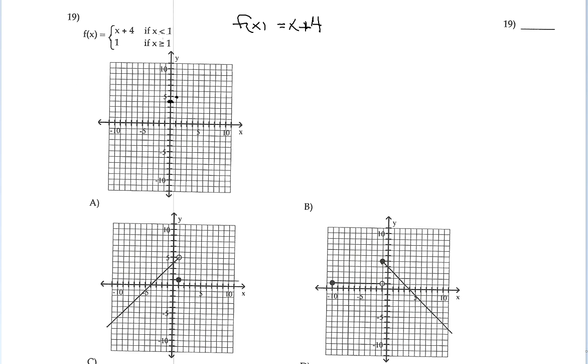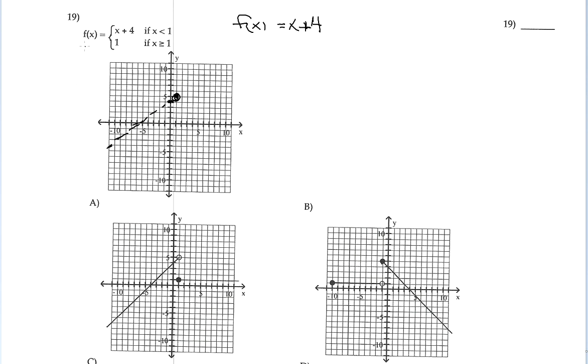So I have to use a dash line. Can I do a dash line here? I'm not sure. I've got a solid line, but I'll make a dash line here. But it's all of them that's less than 1. So at 1, which I'm on here, this would be an open circle. Then your dash line.